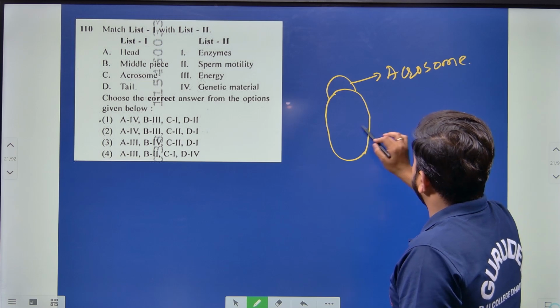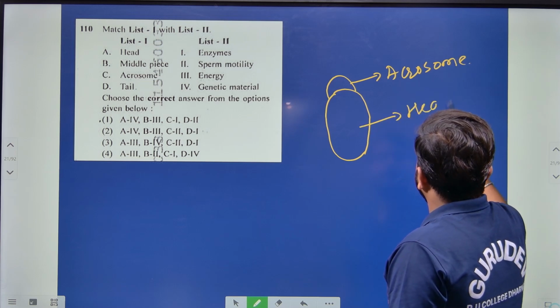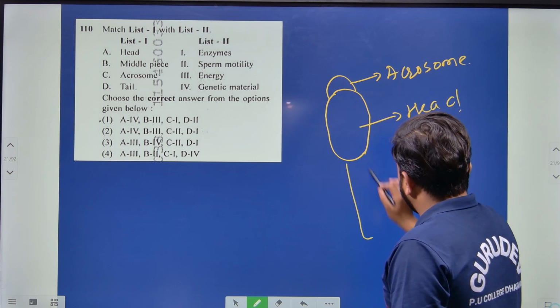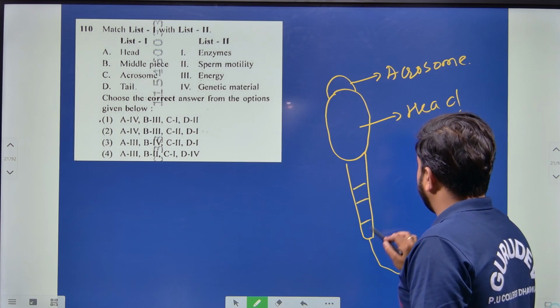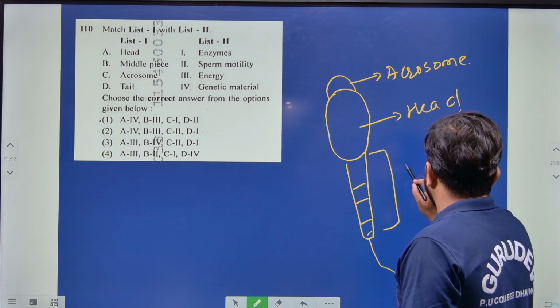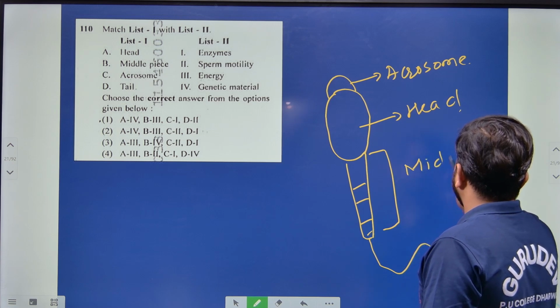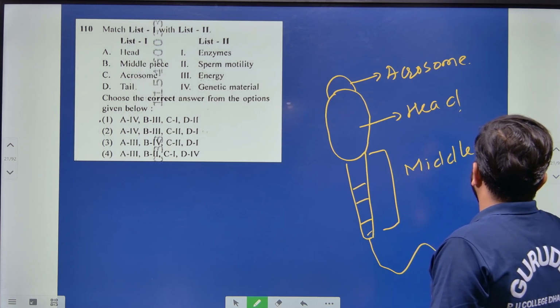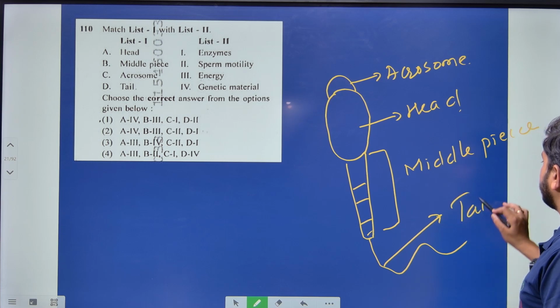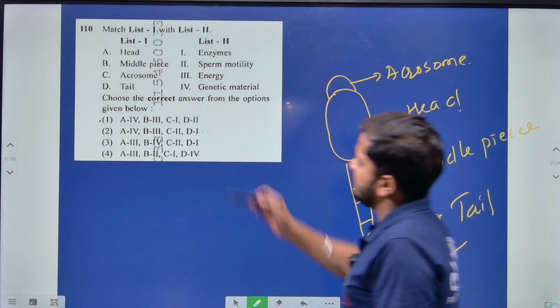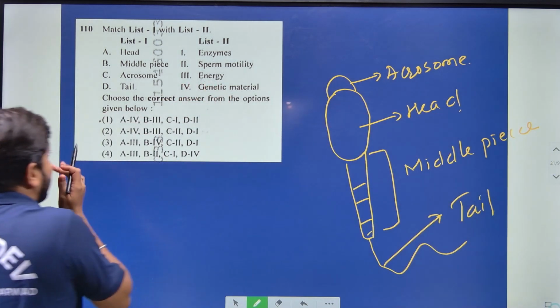Then it has a tail, and in between I find the middle piece, then the tail, right? So according to this, I have to find out what exactly each can do.